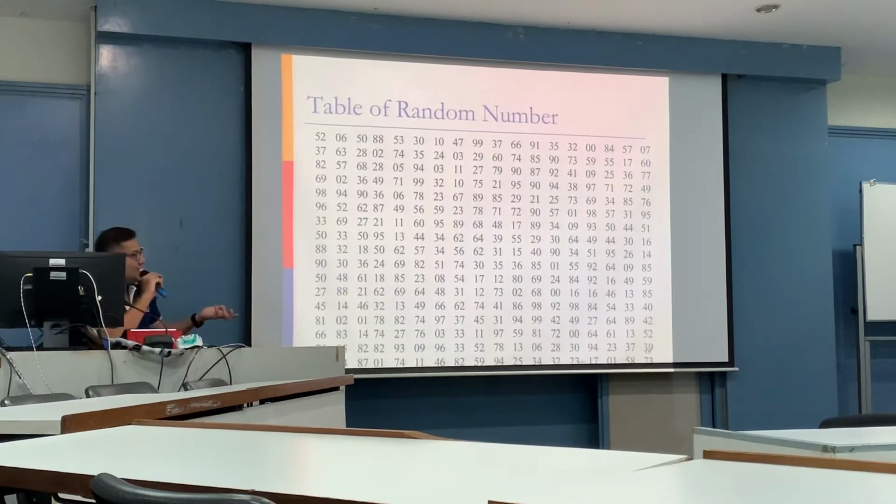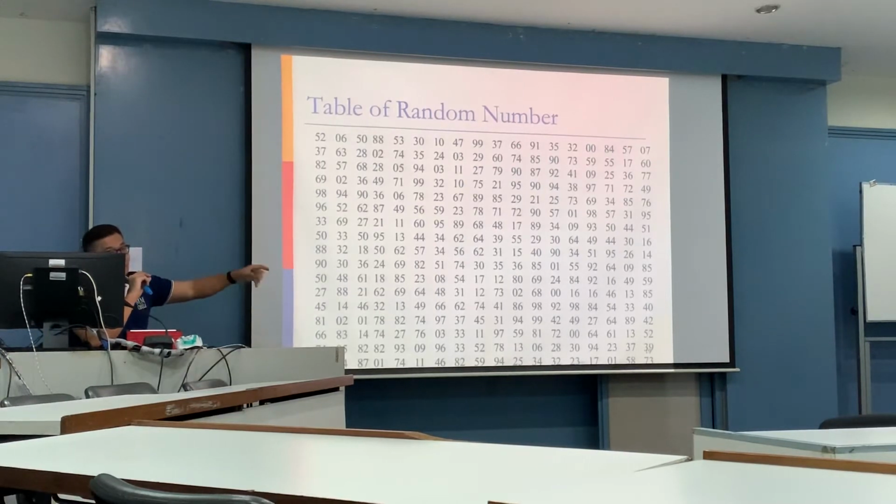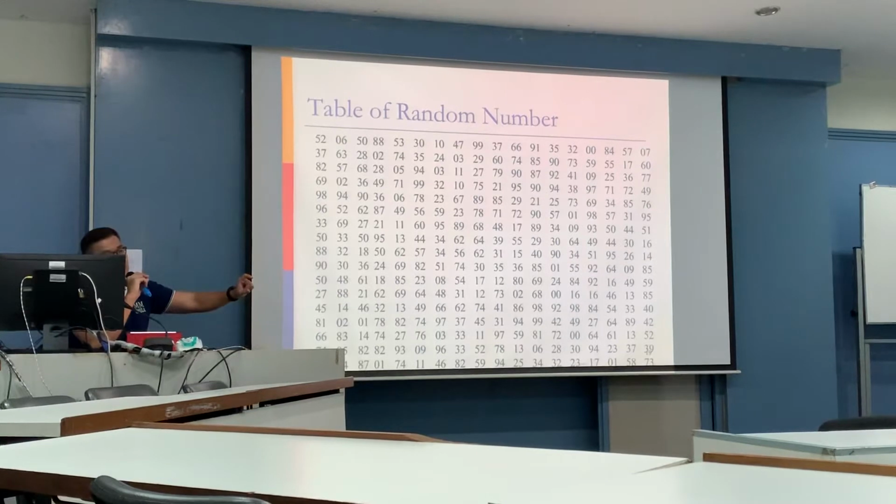So the concept for selecting random numbers from the table is that firstly, you need to select a column or a row only, vertical or horizontal only. We are not doing crosswords, so we just select column or row. That's it.